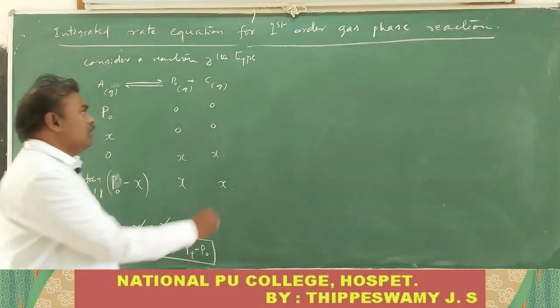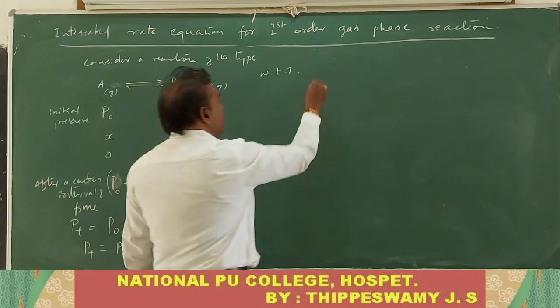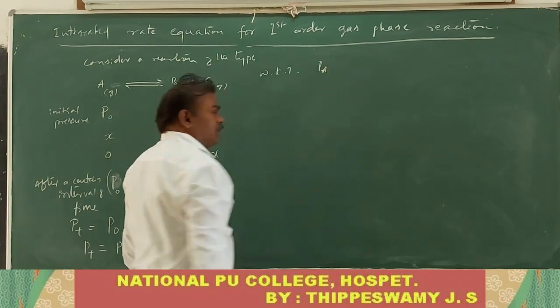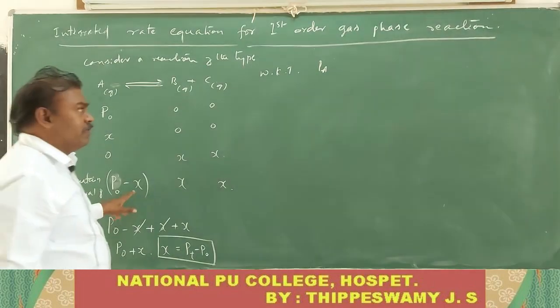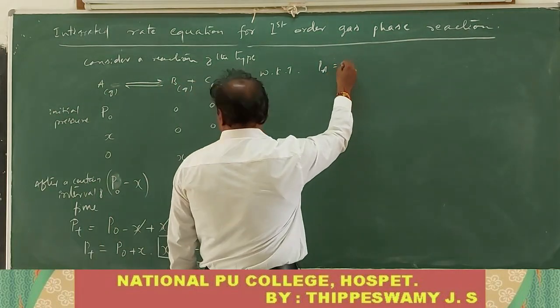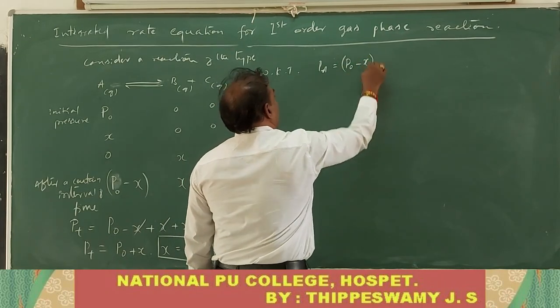Now we know that Pa, the partial pressure of the component after the definite interval of time, is equal to P naught minus X.